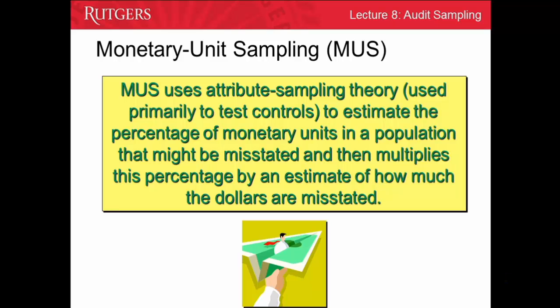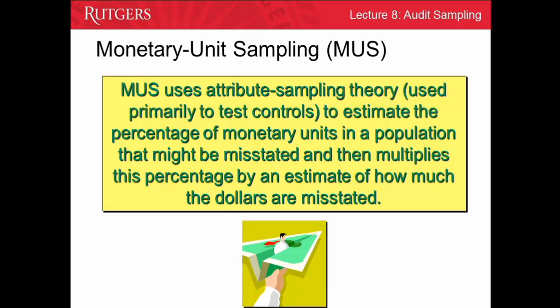A direct application of attribute sampling to monetary items could treat all misstatements as deviations, or 100% misstatement. However, doing so will not result in a useful estimate of the monetary misstatement in the population.